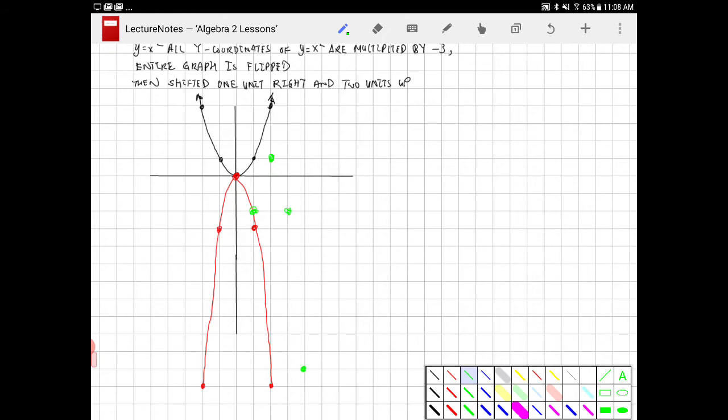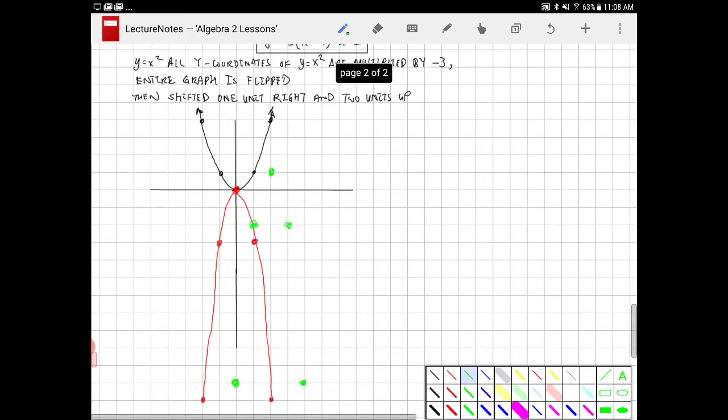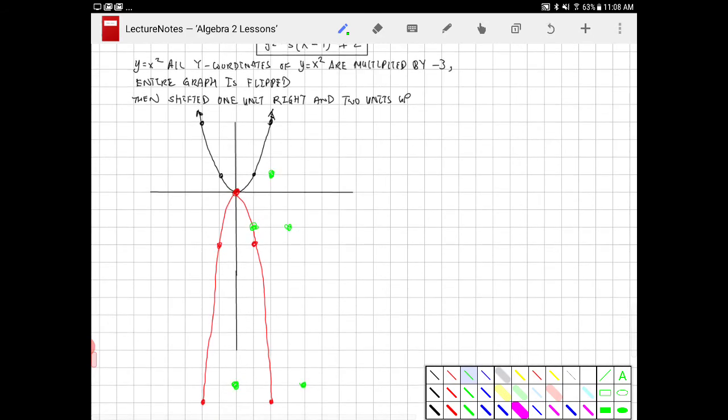It's going to be right here, and right there. I'm sorry, I got this backwards. It's supposed to be 1 unit to the right and 2 units up. So it's going to be here, and then here, and then there, and here, and here. So it's going to look like this.